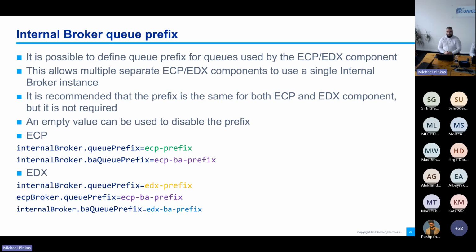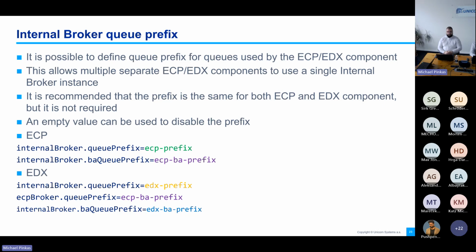So let's say you would have a network with 5 endpoints, 5 different component codes. You can use just a single internal broker. And you don't need to have 5 internal brokers running, because that would be 5 extra applications.